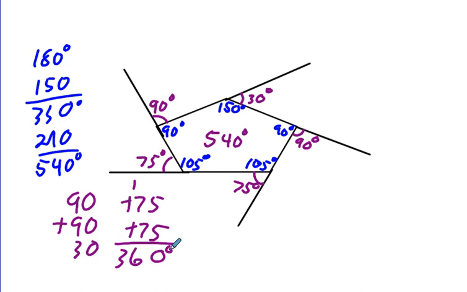So my 5 exterior angles in this shape add up to 360 degrees. If we did that for every single possible convex polygon, they're always going to add up to 360 degrees for the exterior angles. That's our exterior angle sum theorem.